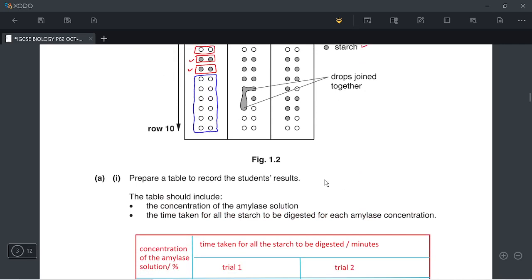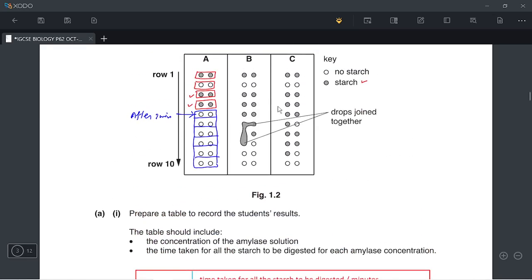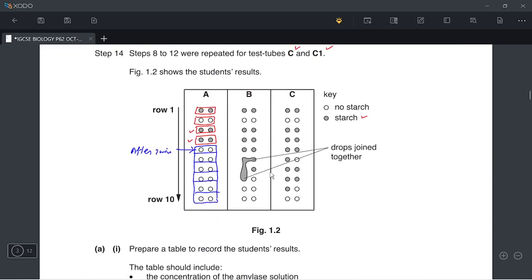This is after 1 minute, okay? And then this is after 2 minutes, 3 minutes, 4 minutes, 5 minutes. So after 2 minutes, we can see starch is completely digested for test tube A. Okay.